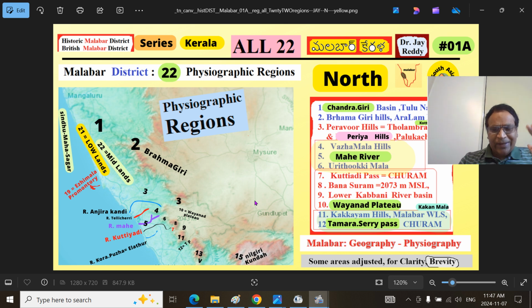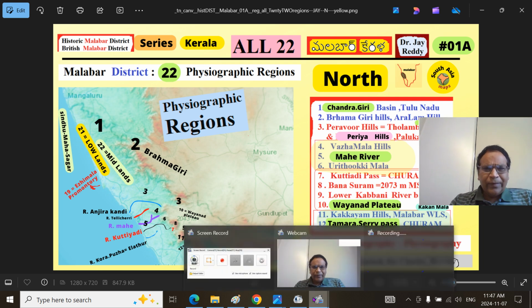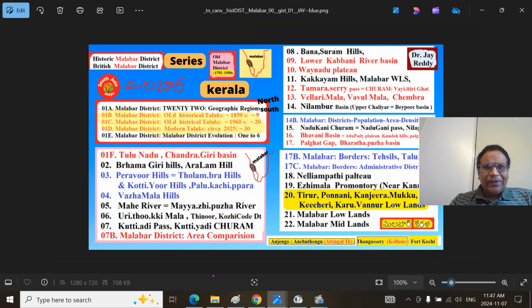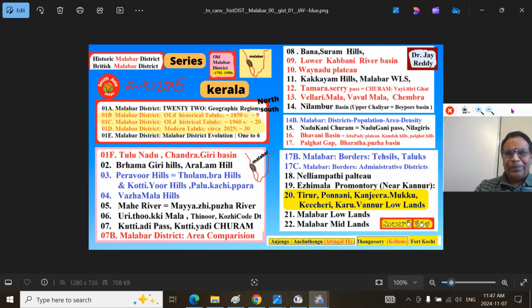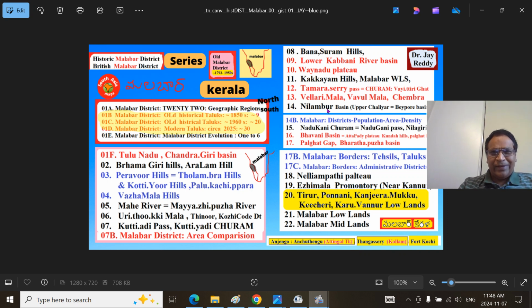In the next part, we'll cover the rest of 10 or so. This is the Malabar series. We are in this particular part, Malabar District 22 geographic regions, subdivided because covering them in one part would take too much time. So we'll talk about the northern part and the southern part.